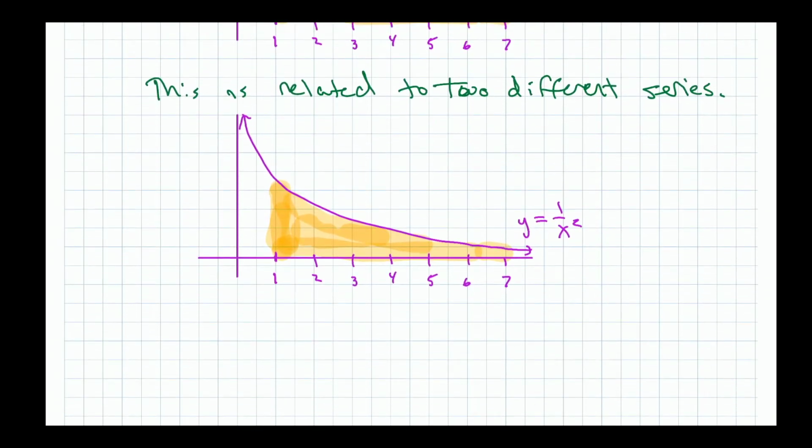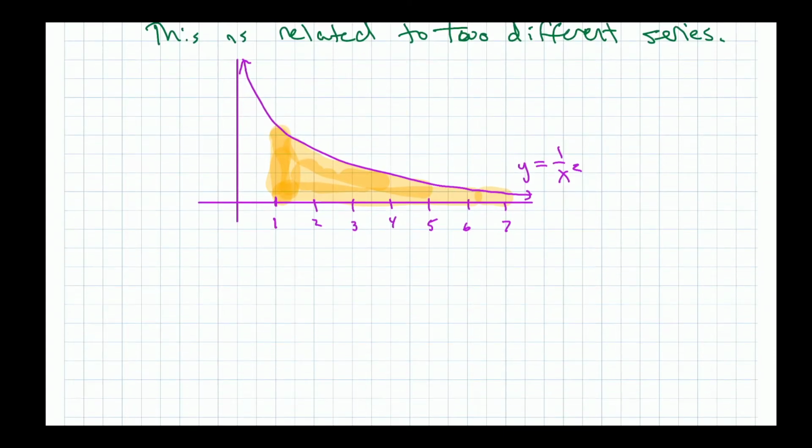Okay, there we go. Now I'm going to draw some rectangles. Are you kidding me? Oh, it doesn't like that, I remember.